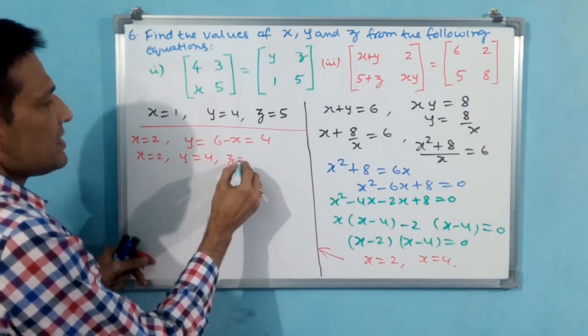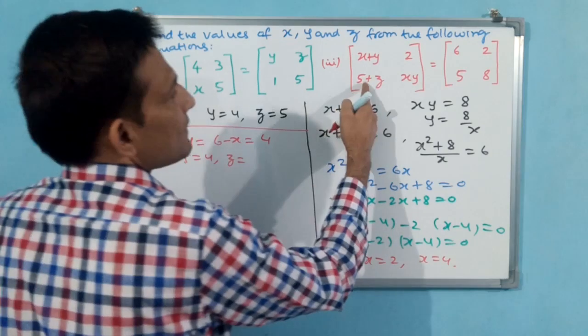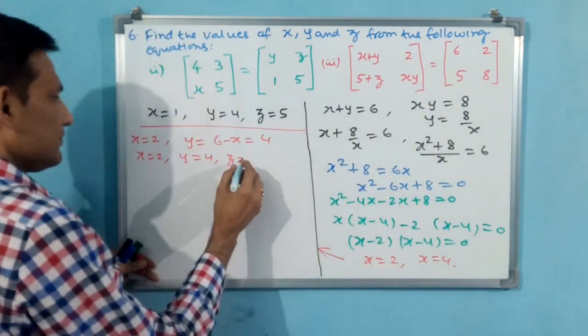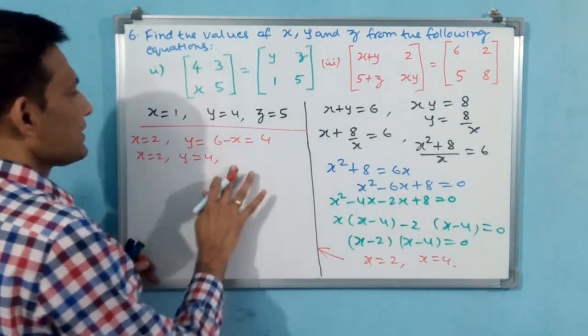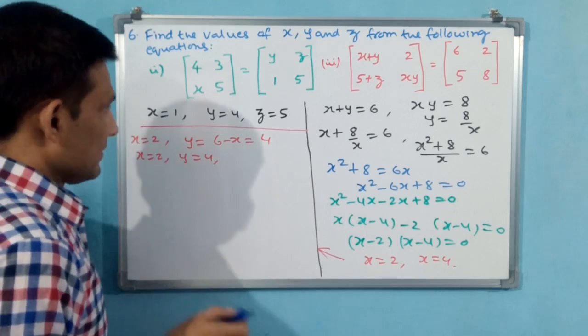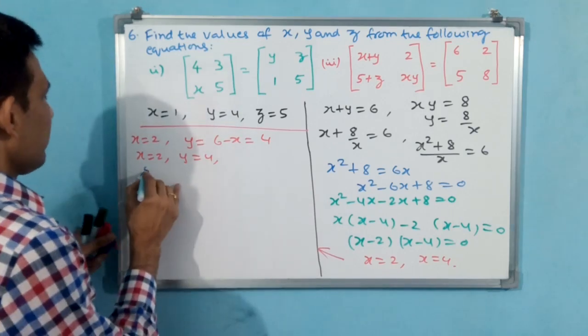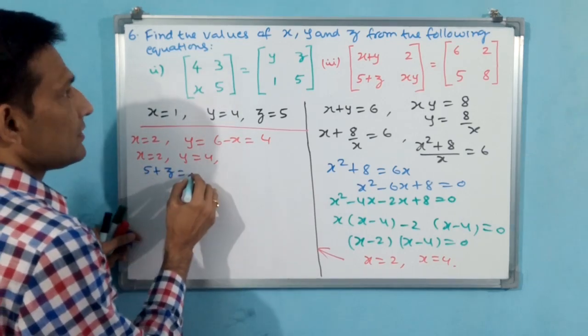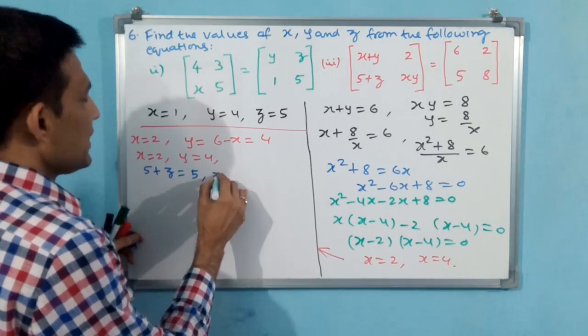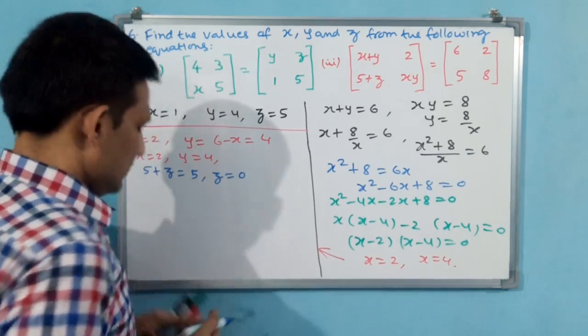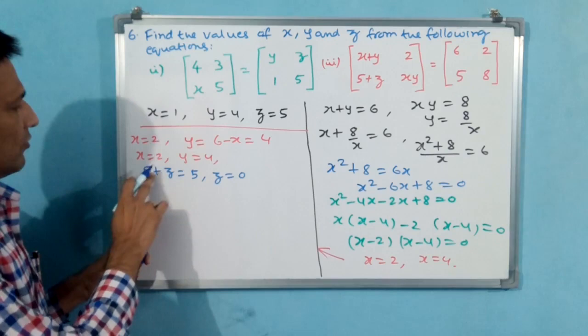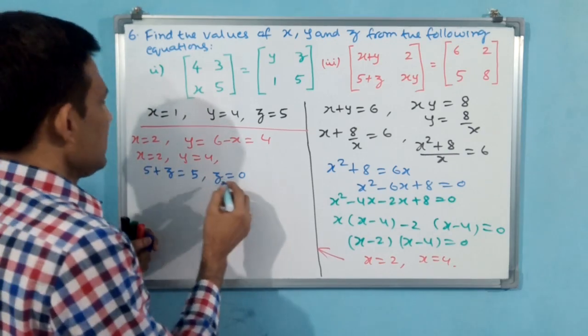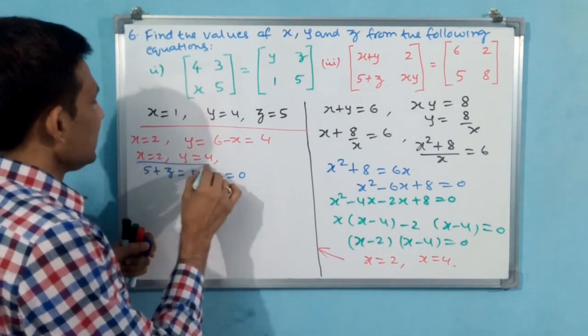Now z is equal to, 5 plus z is equal to 5, so z is equal to 0. Why? Because z is equal to 5 minus 5, 0. Now we have got all the three.